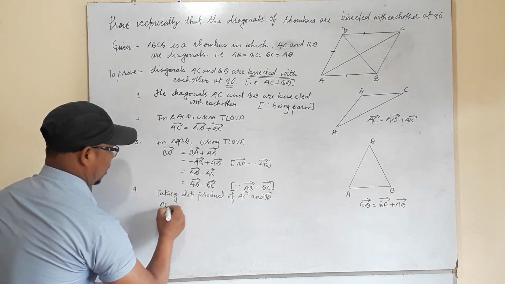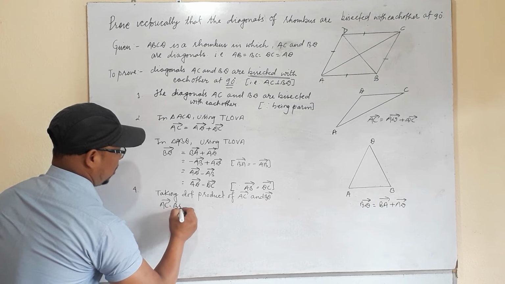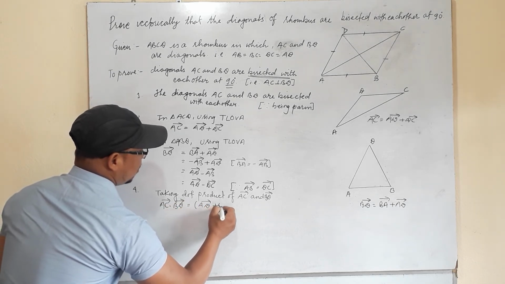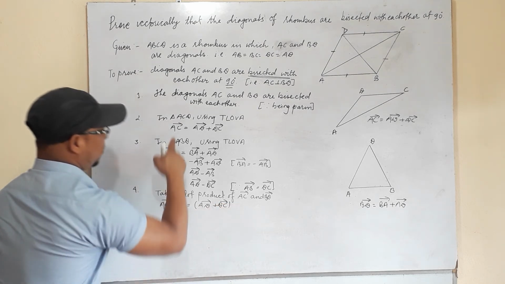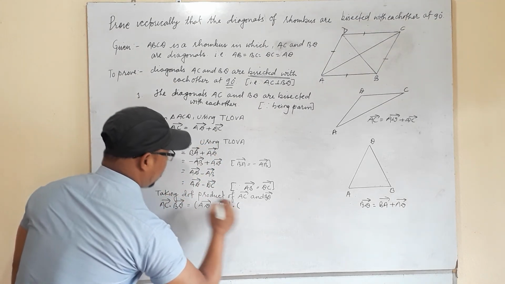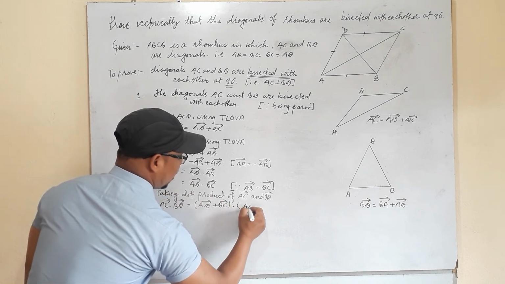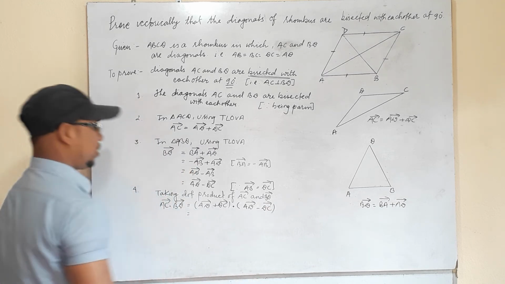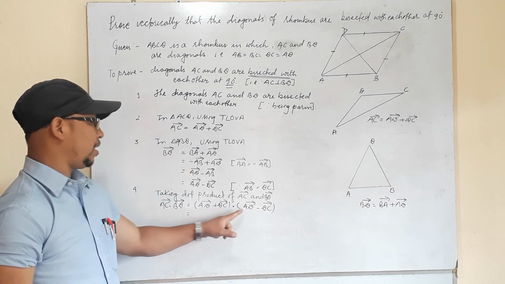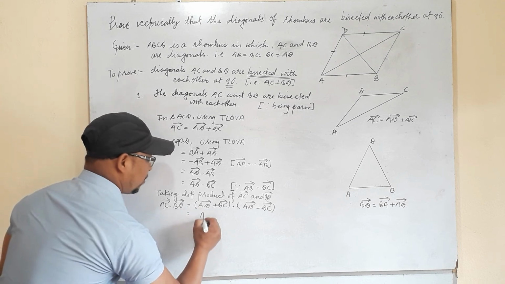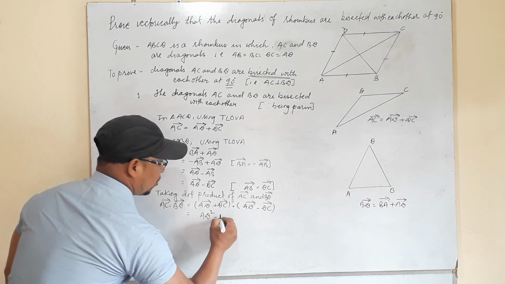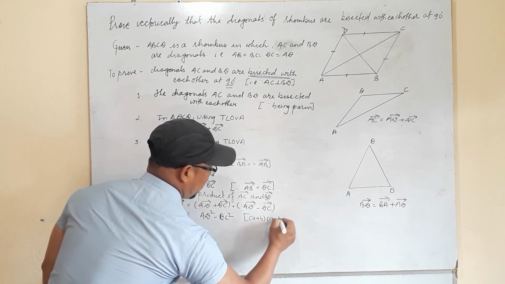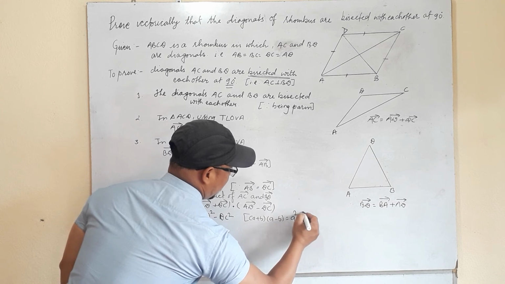AC dot BD equals, AC means AD plus DC, dot, BD means AD minus DC. Now look at here, this is A plus B times A minus B, so it can be changed to A square minus B square. That is, A plus B times A minus B gives A square minus B square.